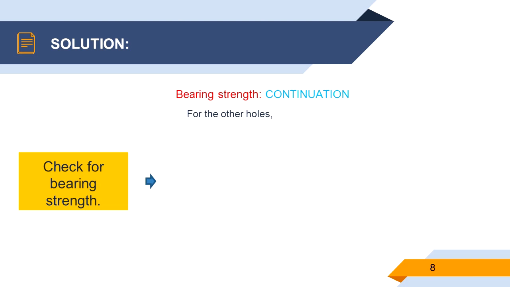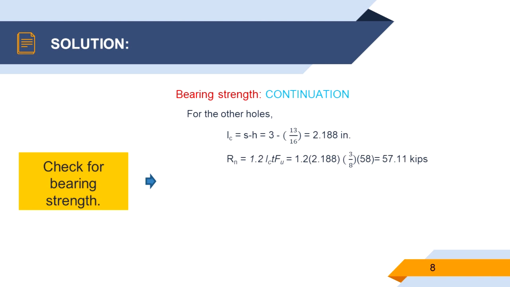For the other holes, Lc is equal to s minus h, and substituting the values, we get 2.188 inches. We will now solve for Rn, which is equal to 1.2 Lc t Fu, and again substituting the values, we get 57.11 kips.